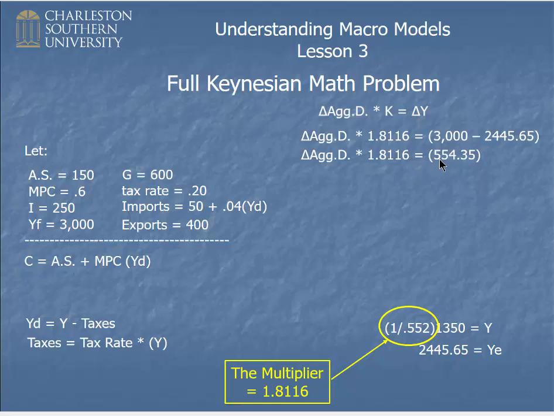So when you do that arithmetic, it just turns out to be 554.35. Then dividing both sides by the Keynesian multiplier, I get the change in aggregate demand is exactly $306. Exactly $306. And that, students, is how the Keynesian model works.